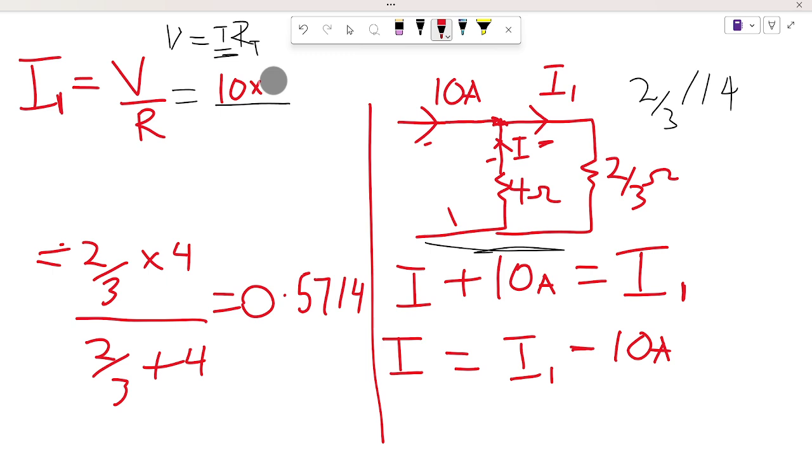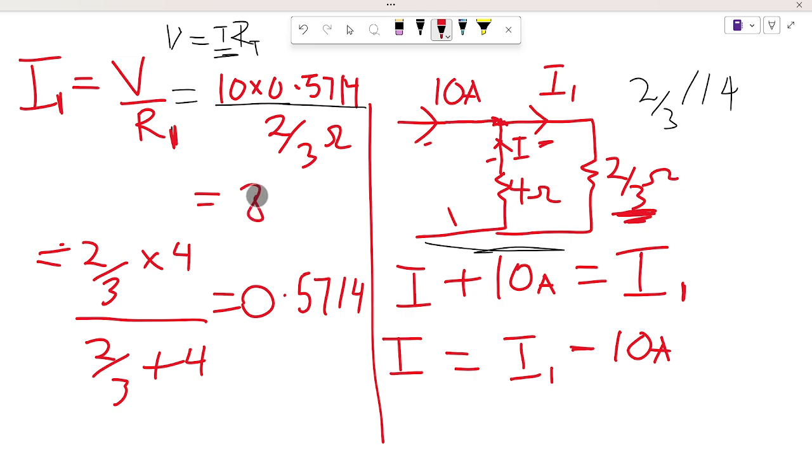The R1 is the 2 over 3 ohms, and we should look at getting a value of about 8.55 approximately.